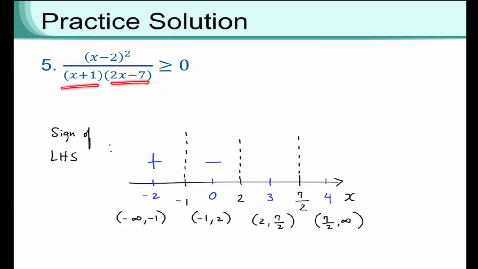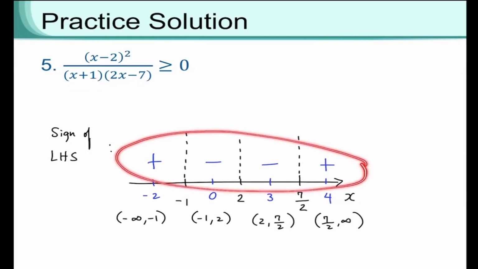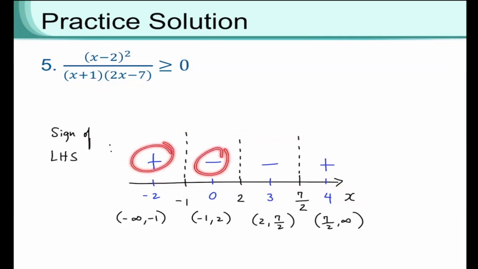Positive times negative will give us again negative. And then when x is equal to 4, positive times positive, so that product is positive. So this example shows you that the signs are not necessarily alternating. So you can have plus and then minus minus and then plus. It is not always alternating signs.